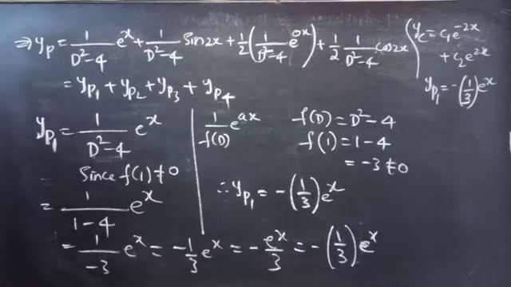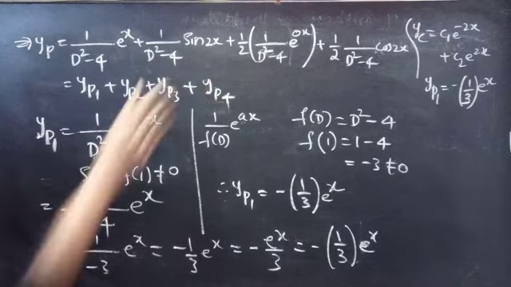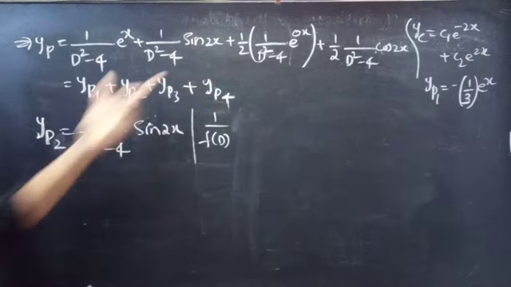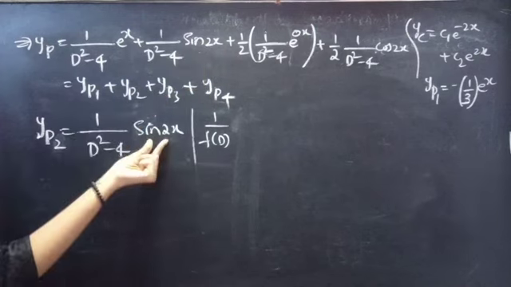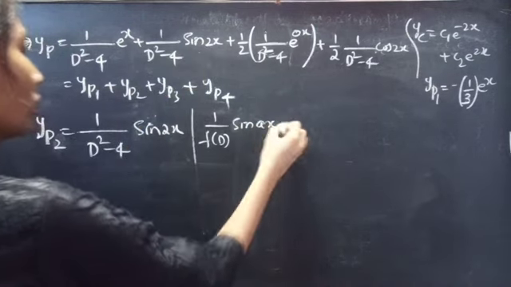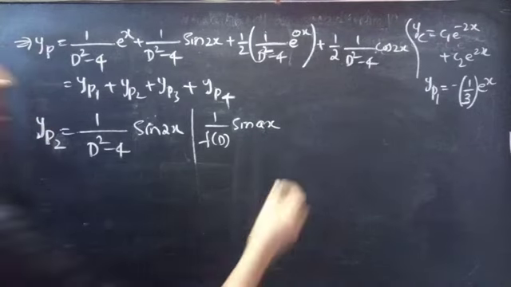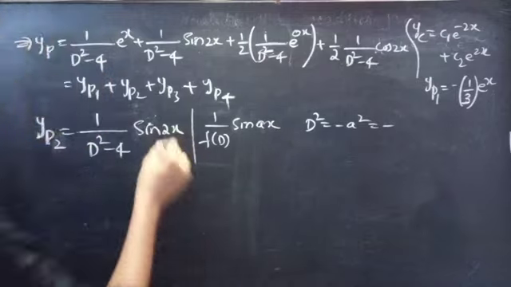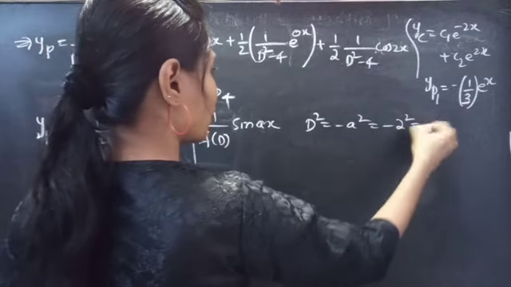Now let's find yp2. We have yp2 equals 1 by f of D into sin 2x, right? This is of the form 1 by f of D into sin ax, for a equals 2. We'll find D square, which is given by minus a square. For a equals 2, we get minus 2 square, which equals minus 4.